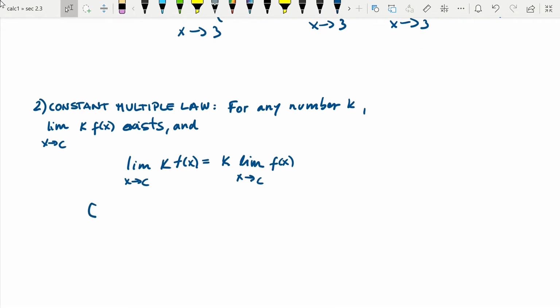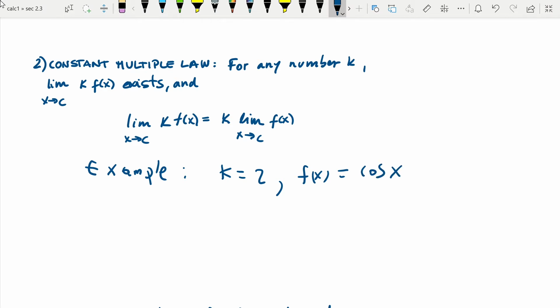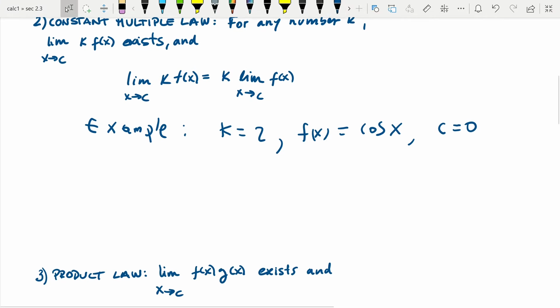So in one basic example, say k equals 2 and f of x equals cosine of x and c equals 0. So what does the limit law of the constant multiple tell us?